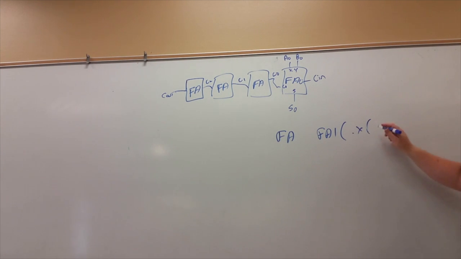So I could come through in here and say, okay, .x is A bit 0, and Y gets B bit 0.